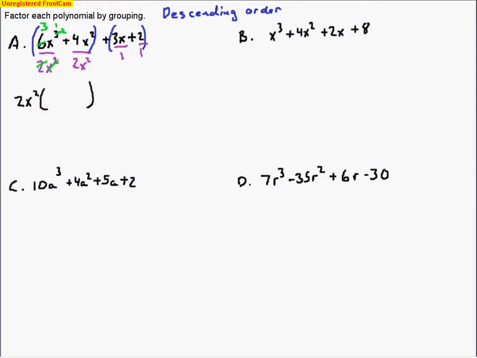So let's rewrite what we had there. We have 3x. Over here, do the same thing. This 2 will cancel out this 4, leaving us with 2 left on top. So plus 2, and all the x's should cancel. And that's what happens here. And so we are left with 3x plus 2.